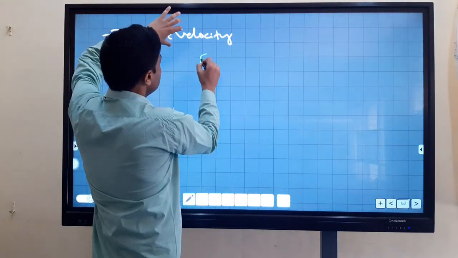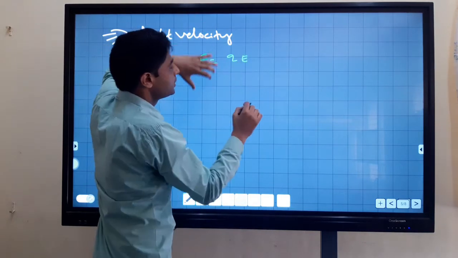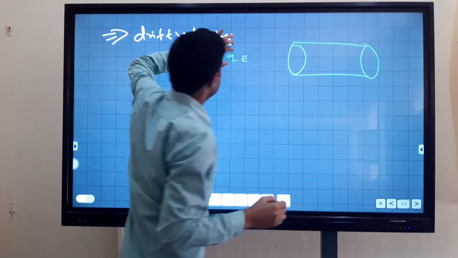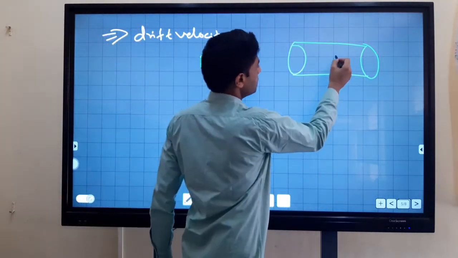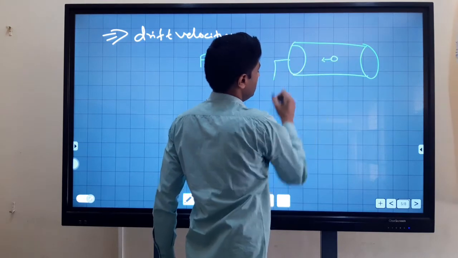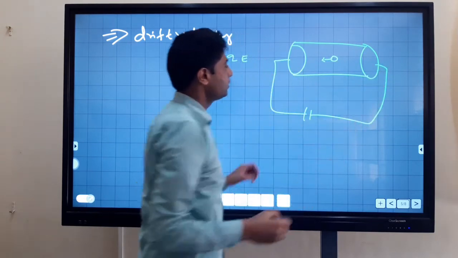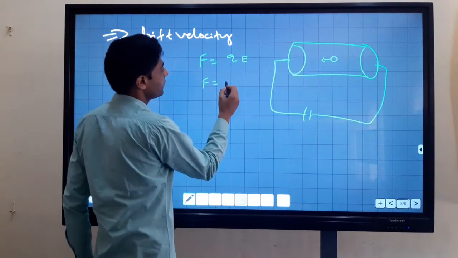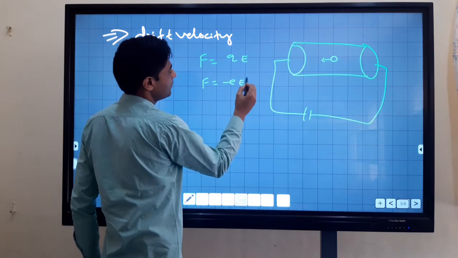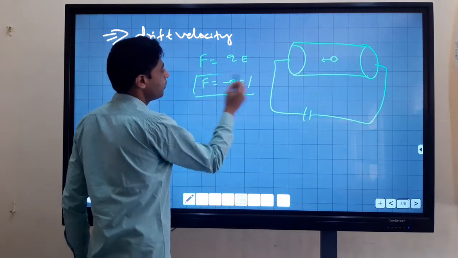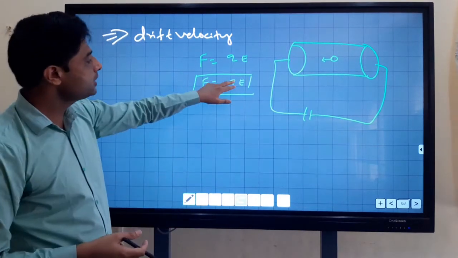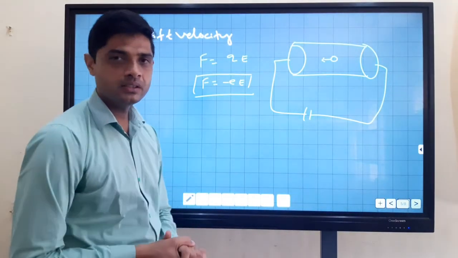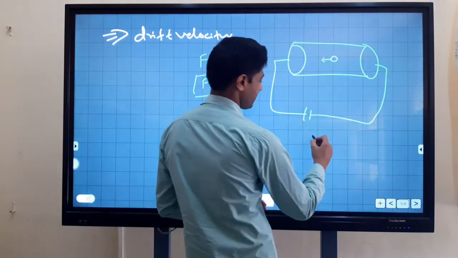So F equals QE, where the charge is that of an electron, since we discuss free electrons. So force equals minus e into E, where e is the charge of the electron and capital E is the electric field intensity.